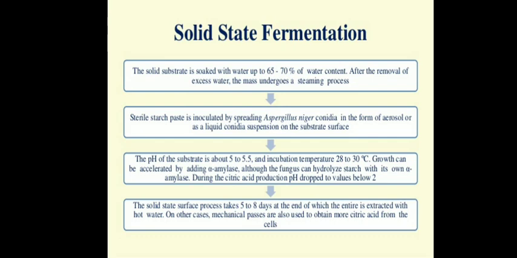The conidia spores are mixed in sterilized air, and this sterilized air is spread on the starch paste made in the previous step, or else a liquid suspension of conidia is poured on the surface of the substrate.